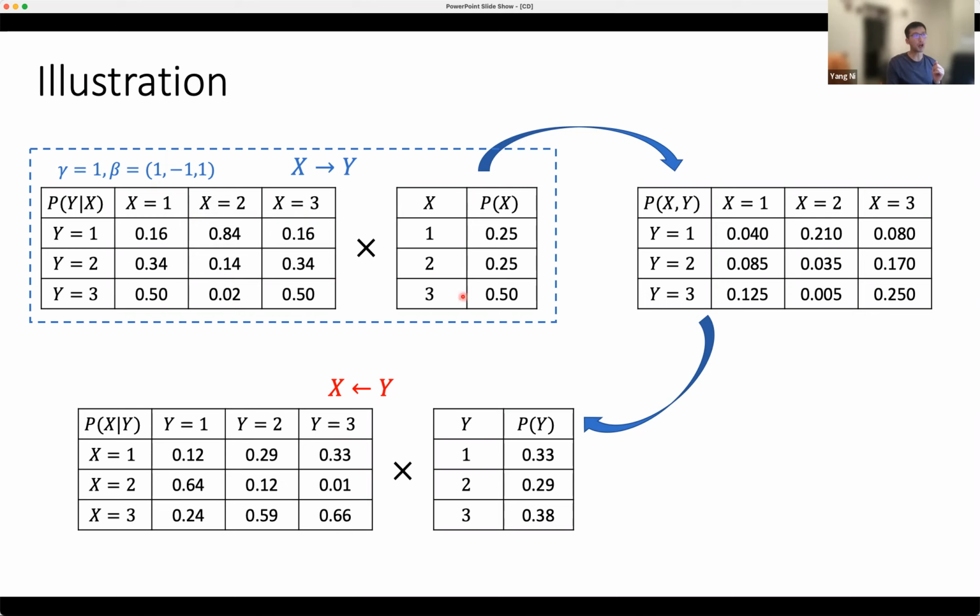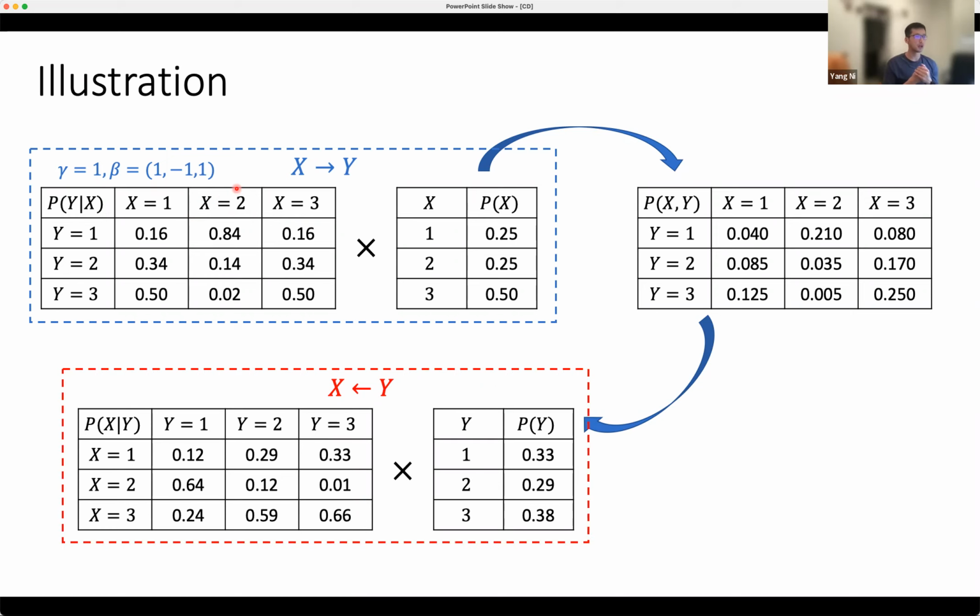On the other hand, for the red model, the reverse direction, if you consider y equal to 1, 2, 3 as ordinal data and use our ordinal causal graphical model, you cannot find any value or combination of values of gamma and beta such that the implied probabilities of x given y and y match those numbers. You cannot find any set of parameters that will lead to exactly these two distributions.